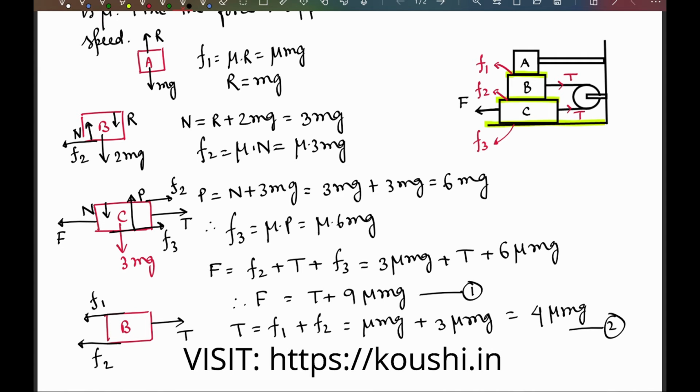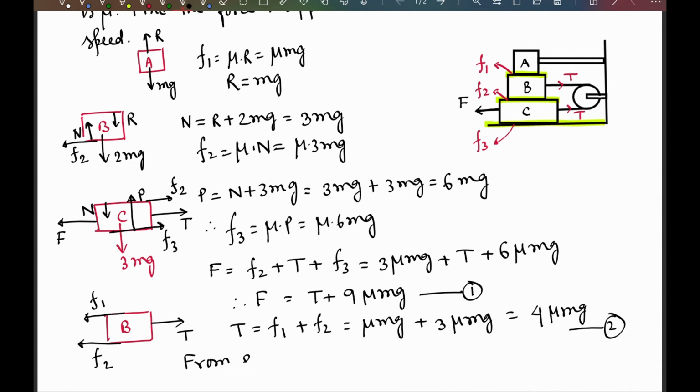Now from equations 1 and 2, the value of F is equal to 4 mu mg plus 9 mu mg. This is 13 mu mg.